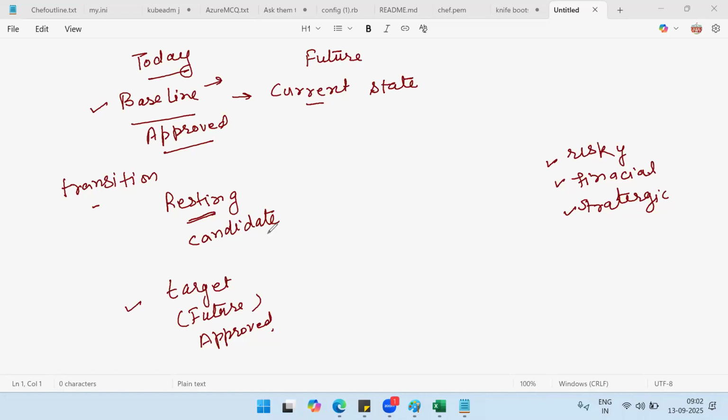So this is a future state, and your stakeholders have not approved it. So that is called the candidate. Candidate means it may be required in the future, but not approved.